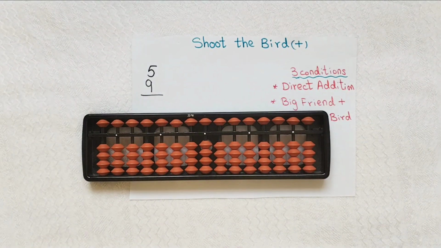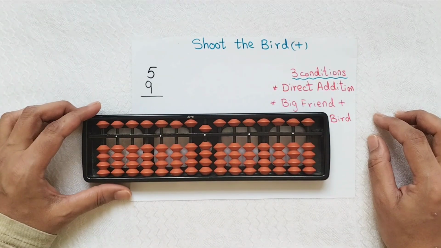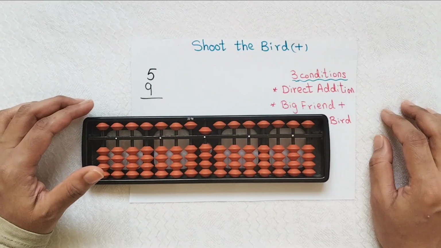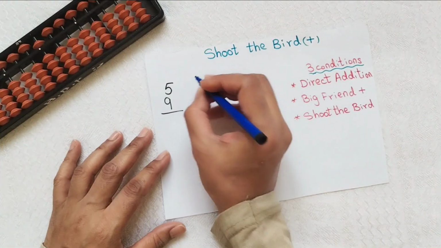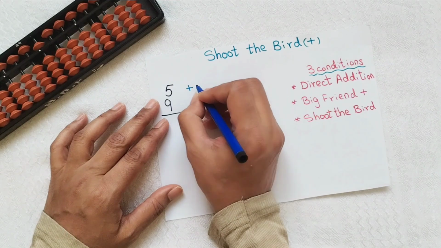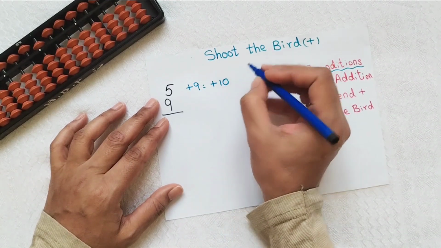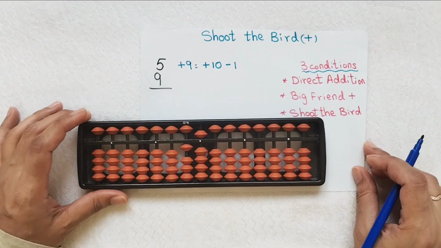First one, 5 plus 9. I place 5 on the abacus. Now plus 9. How will I do plus 9? As we have learned, big friend addition of 9. So what is the formula for plus 9? It is plus 10 less 1. Plus 10, I do it.